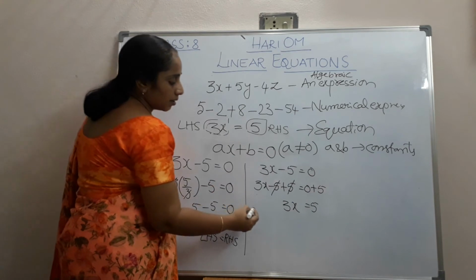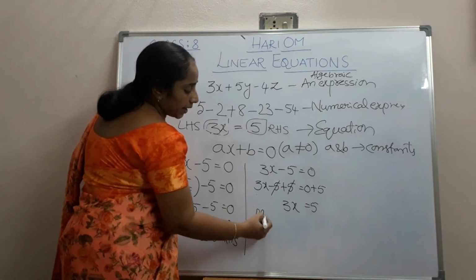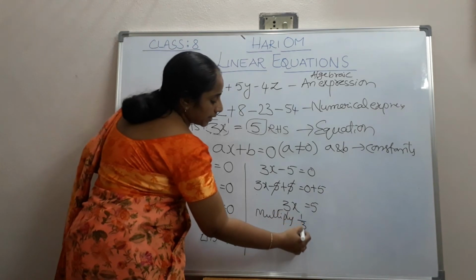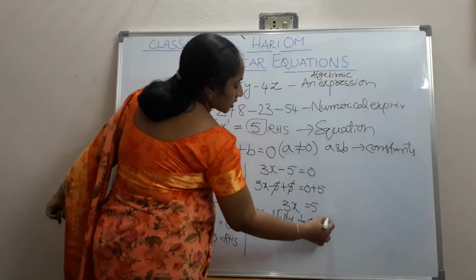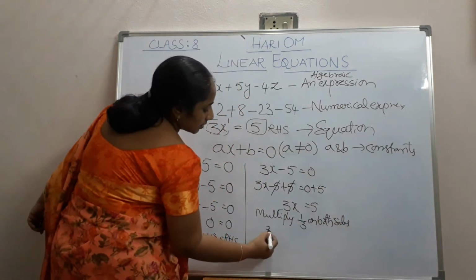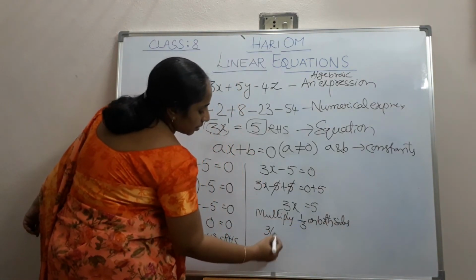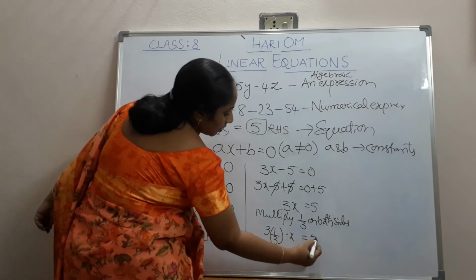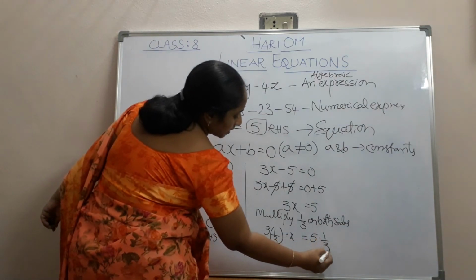Again, multiply by 1 by 3 on both sides, then we get 1 by 3 into 3 into x is equal to 5 into 1 by 3.